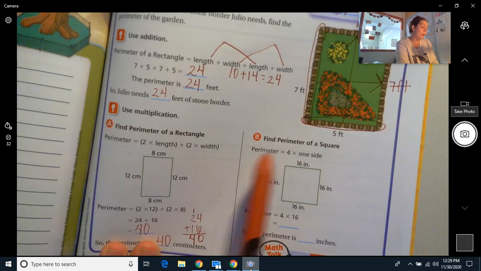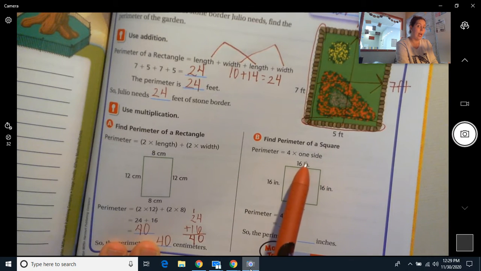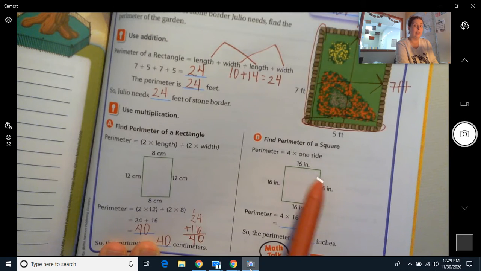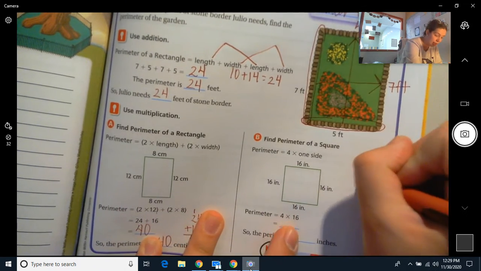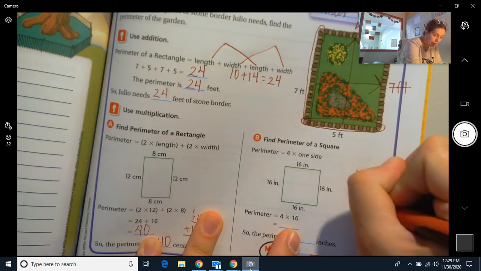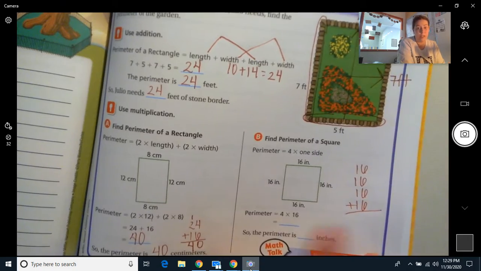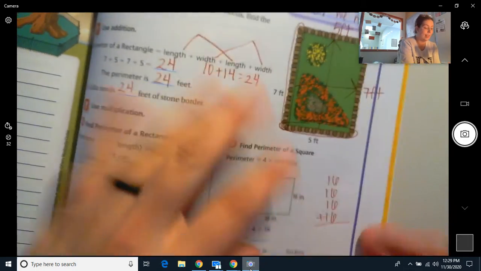Our next one, this one, says find perimeter of a square. Okay, so a square, perimeter equals 4 times one side. Because look, I have 16, 16, 16, 16. I could do this. 16 plus 16 plus 16 plus 16. But that would take a lot longer than it would for me to take 4 times 16.